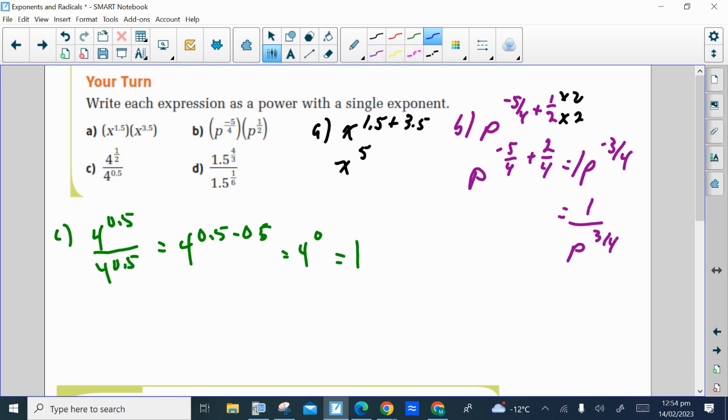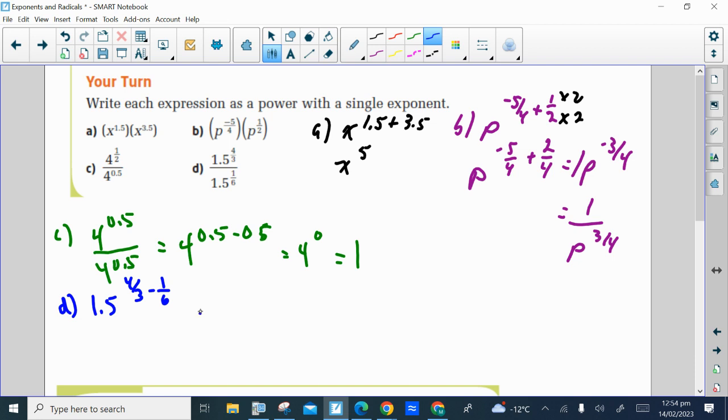Okay, question D. What do we need to do there, Allie? What did you say at the start? You're going to have to do what to the exponents? Subtract the exponents and keep the base the same. Do you know what our common denominator will be?